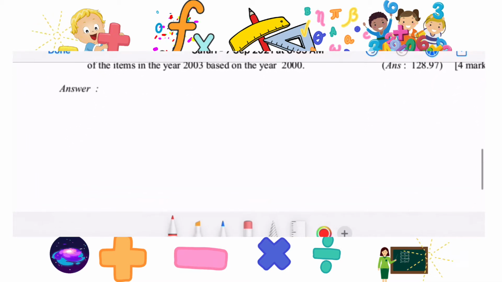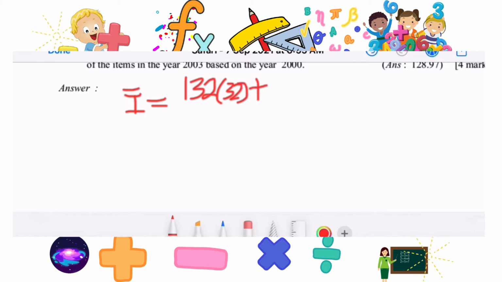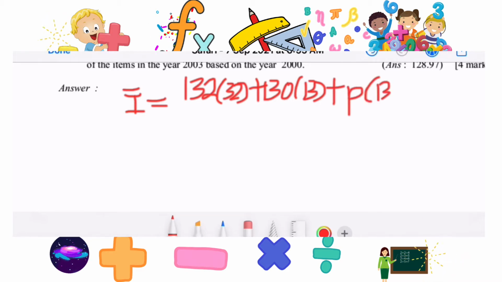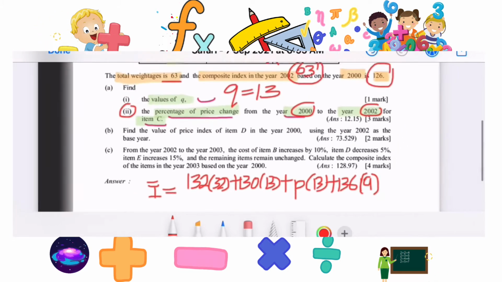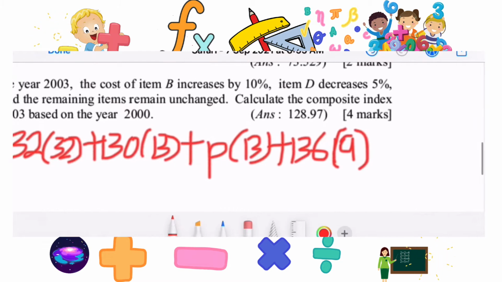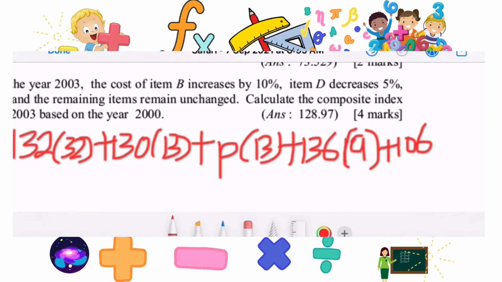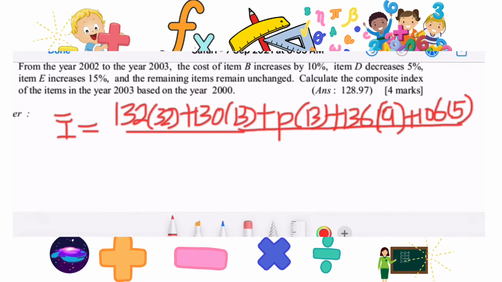Let's work it out here. I'm going to write down the composite index, which is something like a mean. We multiply 132 times 32 plus 130 times 13 plus 13P, or P times 13, the same, plus 136 times 9, plus 106 times 5, over the total weightage given.